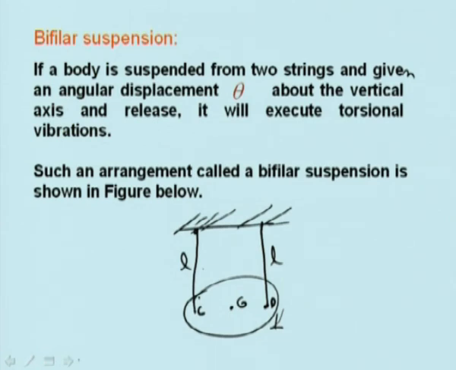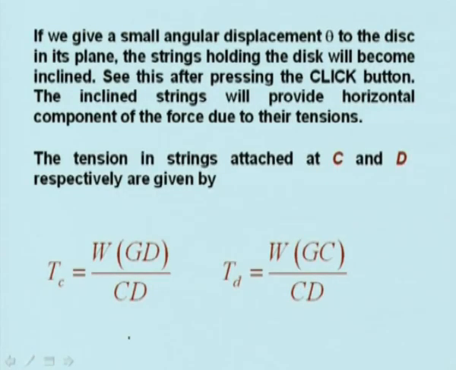The vertical component will support the weight of the disc, whereas the horizontal component will provide the restoring torque. So if we give a small angular displacement theta to the disc in its plane, the strings holding the disc will become inclined, and they will provide a horizontal component of force due to their tensions.